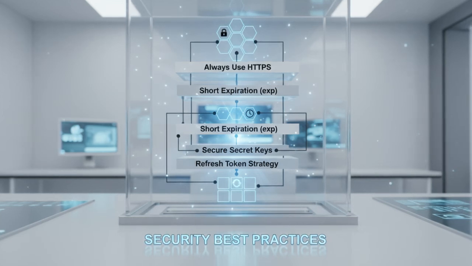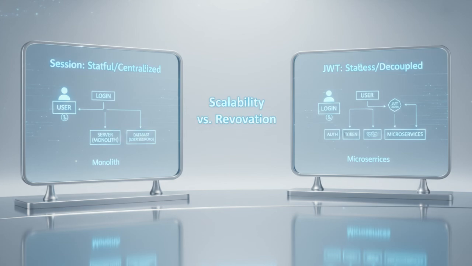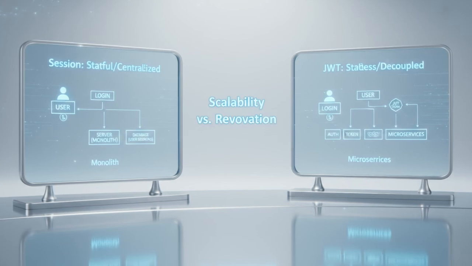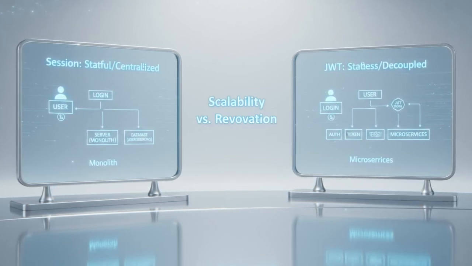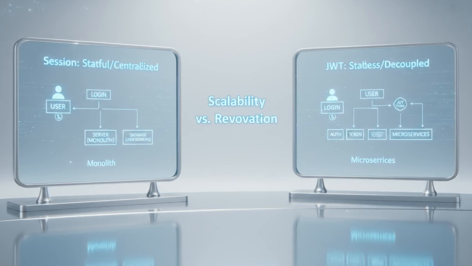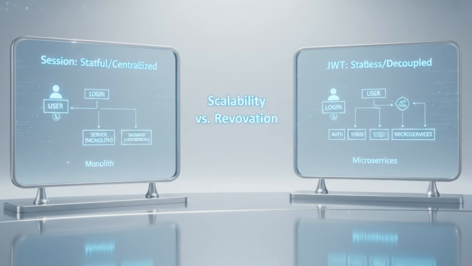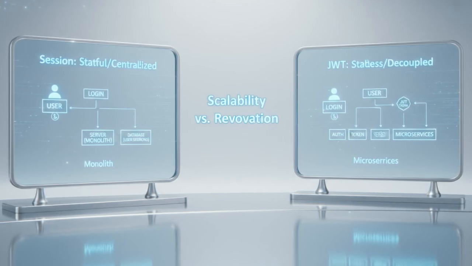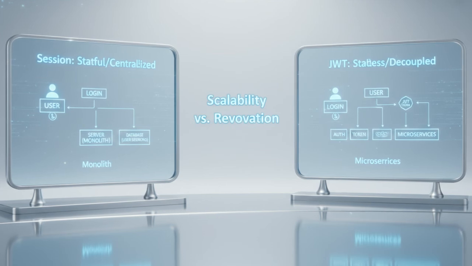When should you use JWT over sessions? Session-based authentication is still excellent for monolithic applications where the server and client are tightly coupled. It allows for easy session revocation and data management. However, JWT wins in microservices and modern web apps where scalability is the priority. In a session-based model, the server stores a session ID and looks it up in a database.